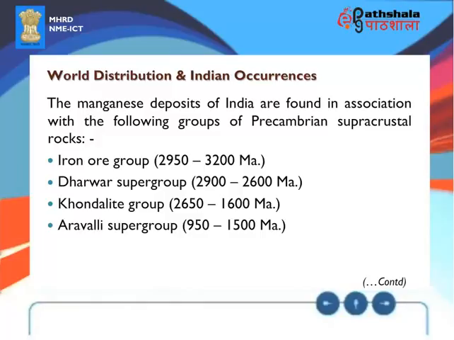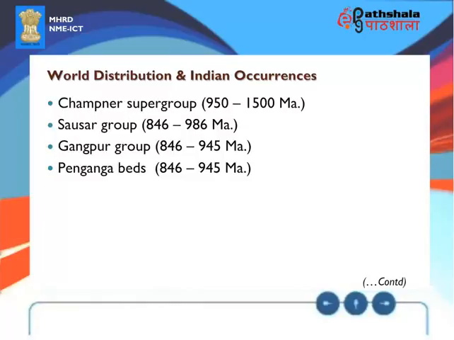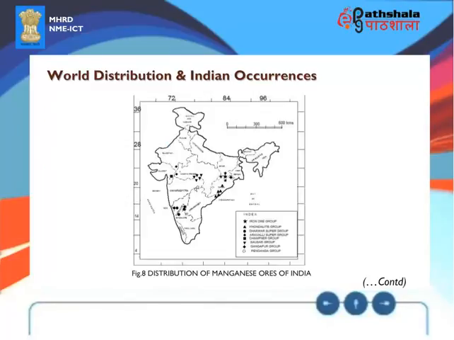Aravalli supergroup, 950 to 1500 million years. Chamnar supergroup, 950 to 1500 million years. Sasar group, 846 to 986 million years. Gangpur group, 846 to 945 million years. Penganga beds, 846 to 945 million years. Distribution of manganese ores in India is shown in this map.